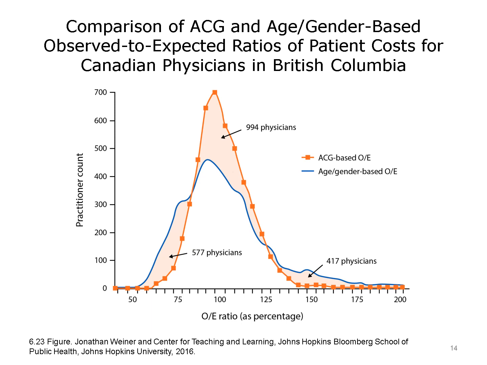When reviewing the difference between the two distributions of O's to E's, you can see that the ACG adjusted top curve is more tightly focused around 100 than is the demographically adjusted curve. This means the practice is using the exact level of resources expected.